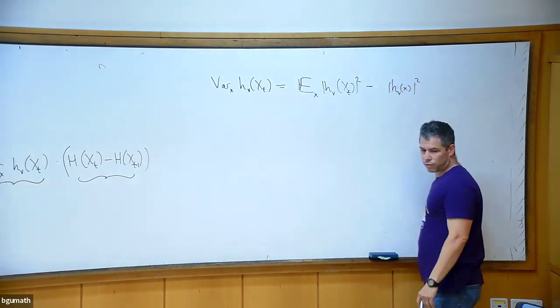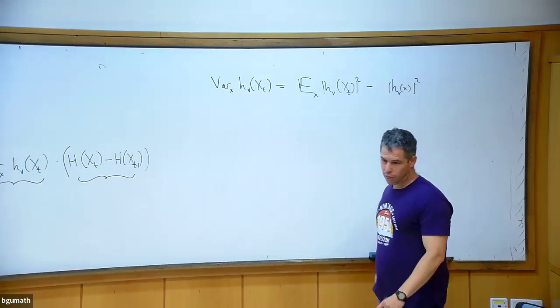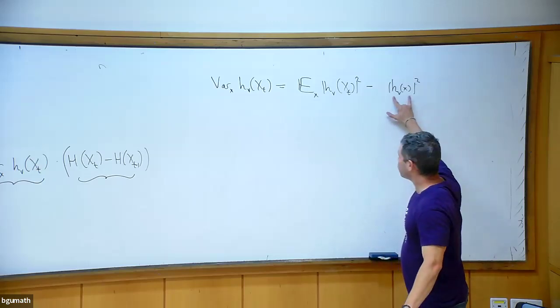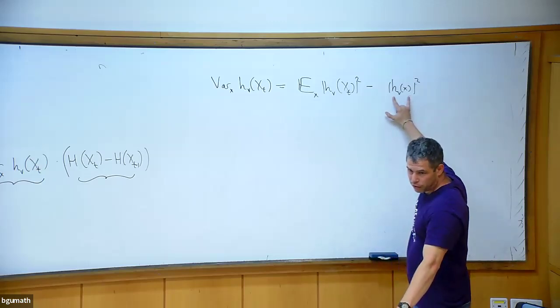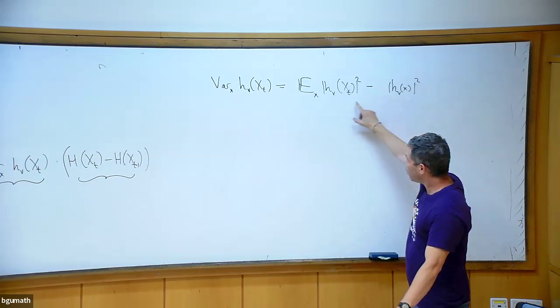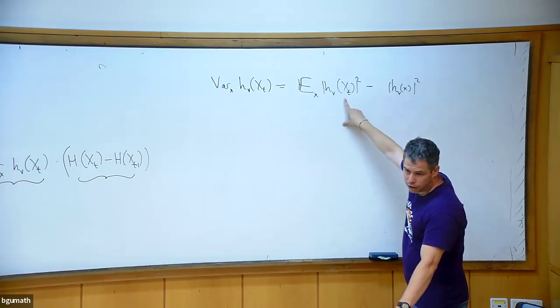I start writing the v and so on. Right, because this is the square of the expectation. H of xt is a martingale. Okay, I need to analyze this thing.